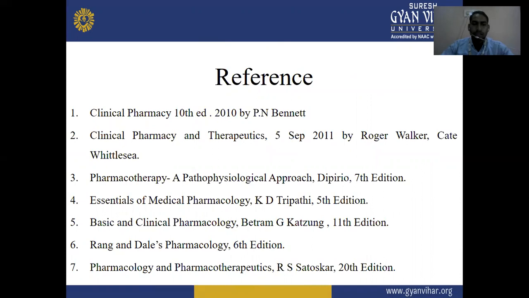References. Clinical Pharmacy, 10th edition 2010, by P.N. Bennett. Clinical Pharmacy and Therapeutics, 5 September 2011, by Roger Walker. Pharmacotherapy: A Pathophysiologic Approach, 7th edition.